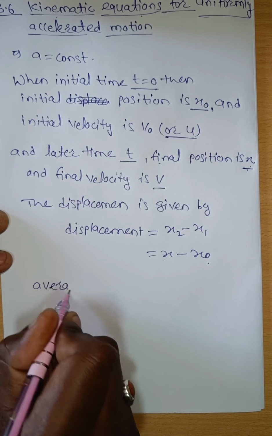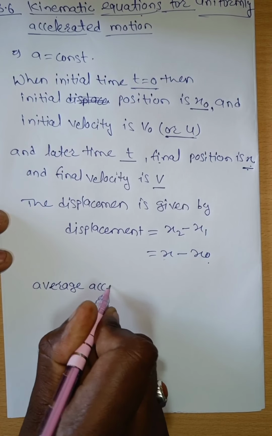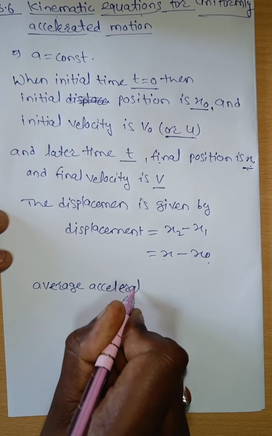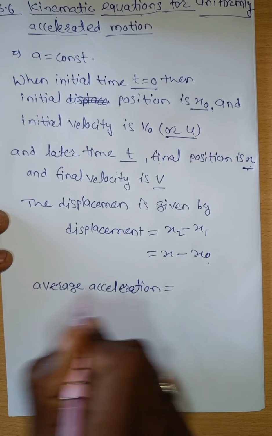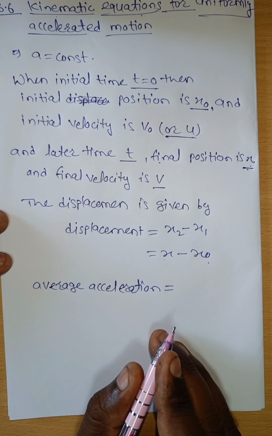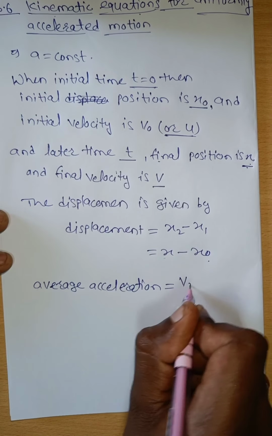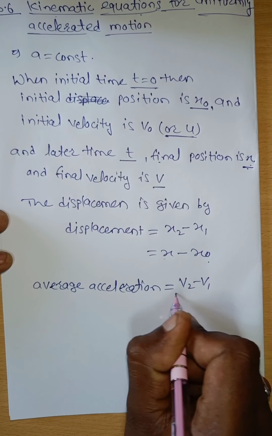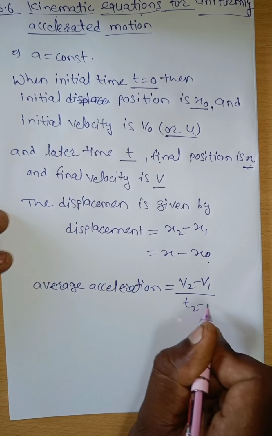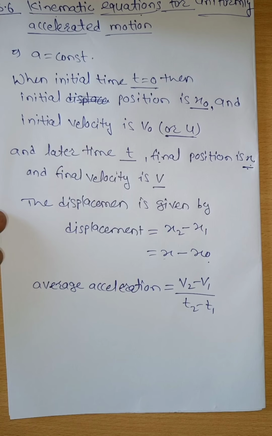Then average acceleration. What is the average acceleration? Average acceleration means final velocity minus initial velocity divided by final time minus initial time.